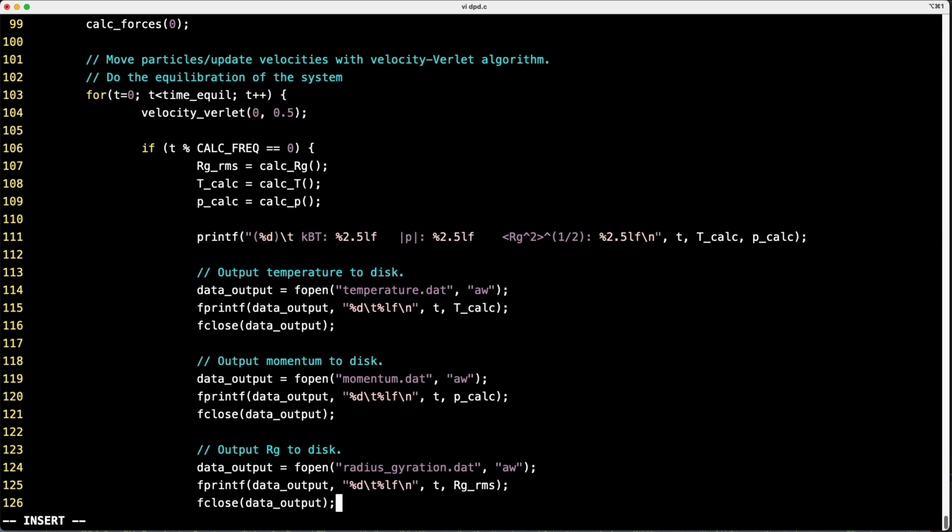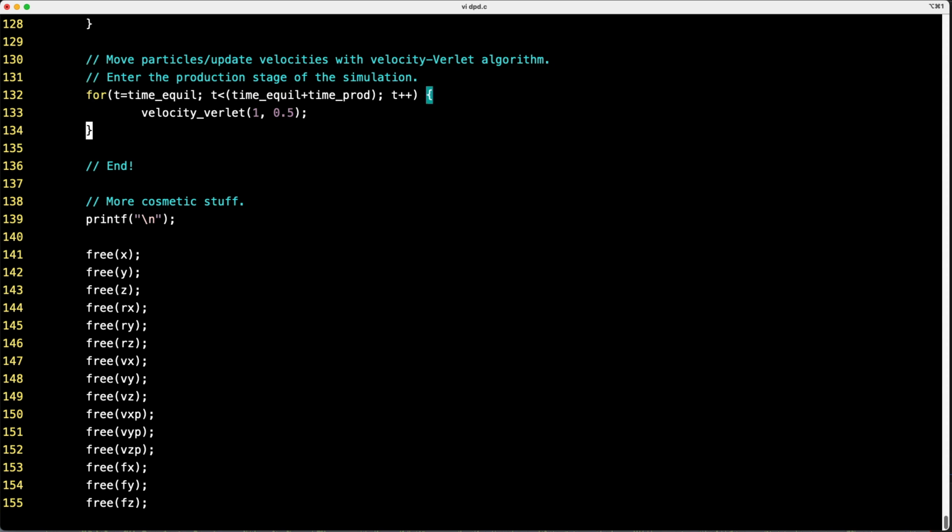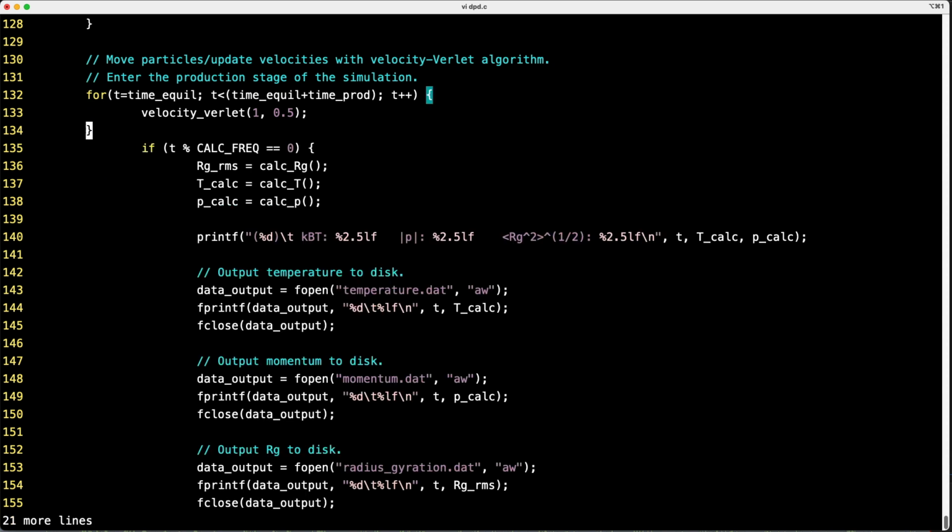And we close the file. So all this stuff, we're doing it in the equilibration. We also want to do the same thing in the production steps. So this is what, 127 minus, so this is what, 21 lines. We also want to put this down here where we're doing the production step.